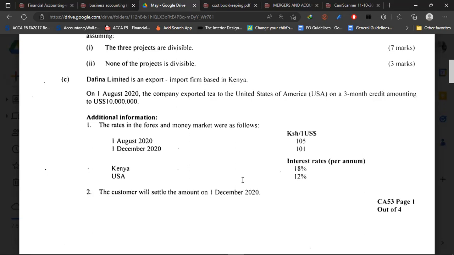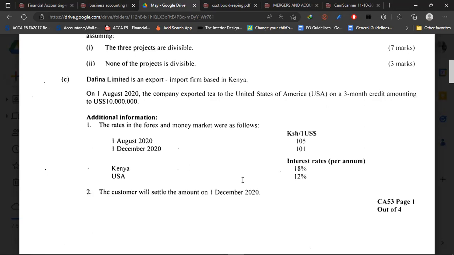We have to ask ourselves, which exchange rate are we going to be using between 105 and 101? The 105 is the beginning of the contract, but we are dealing with 101 at the end of the period.